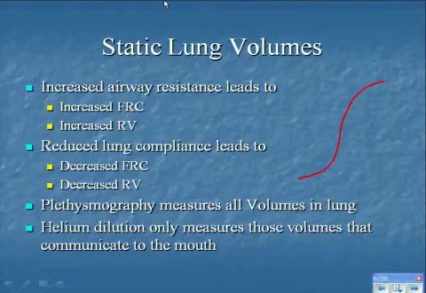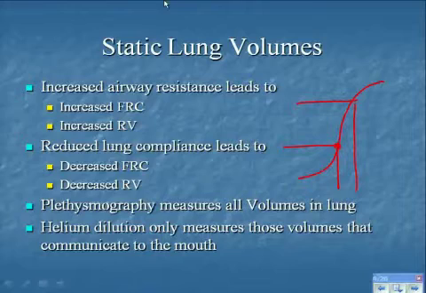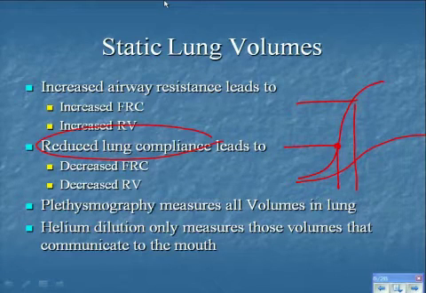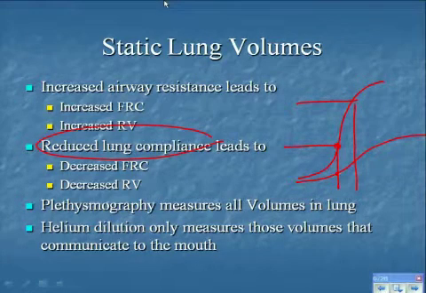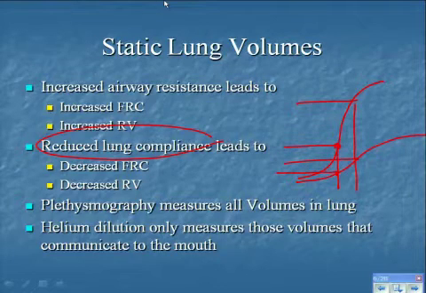Instead of being here, where a change in pressure gives a large change in volume, with reduced lung compliance they shift downwards to a flatter portion, and these people now start here, and as a consequence you get almost no change in volume. So that person becomes ineffective in their tidal volume.